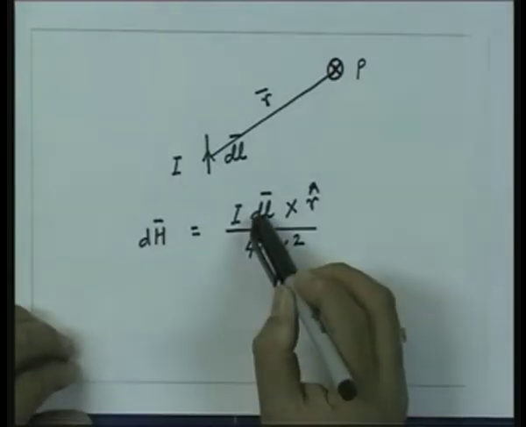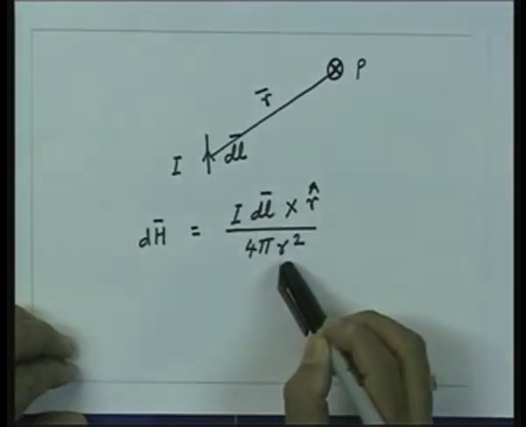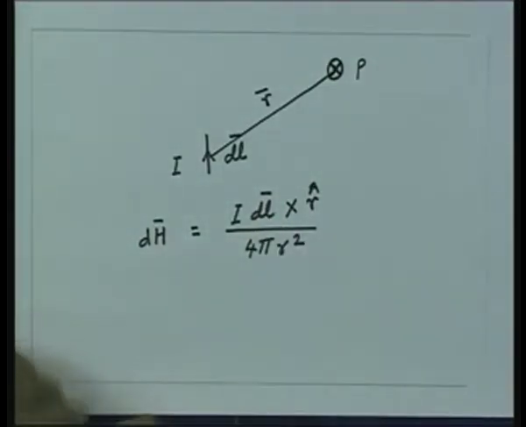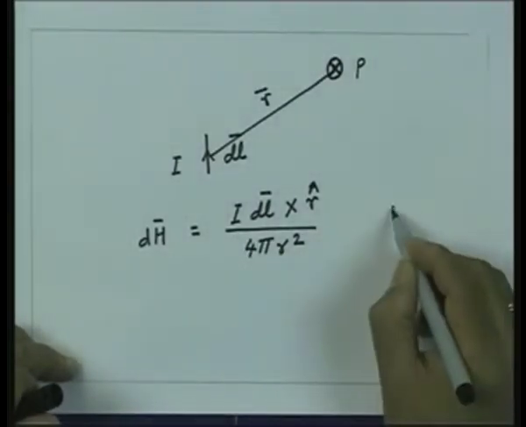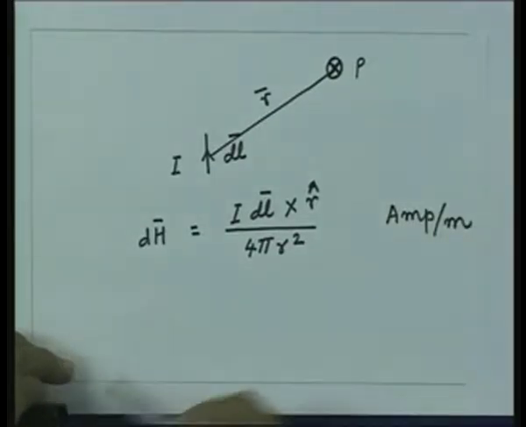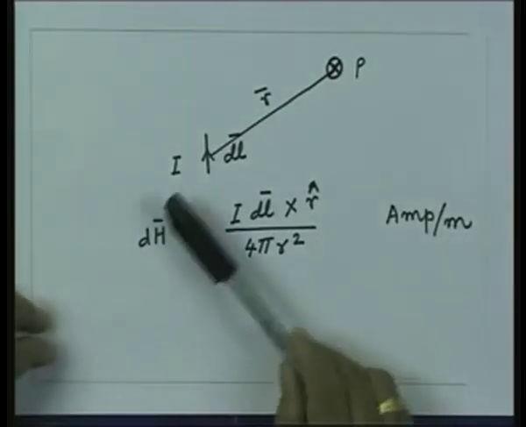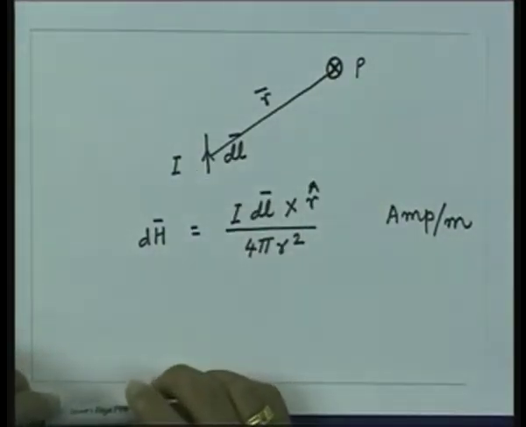Since the dimension of dl is length and you are having a length square in the denominator, the unit of the magnetic field is the current per unit length. So, that is amperes per meter. This is the magnetic field strength at this location P due to this current element.